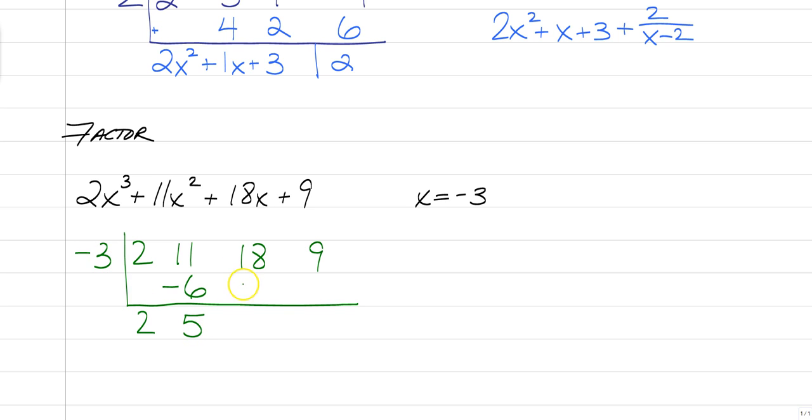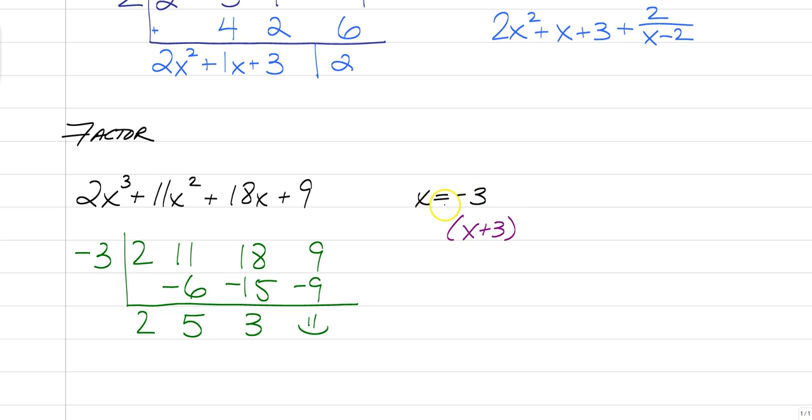Negative 3 times 5 is a negative 15. 18 minus 15 is 3. Negative 3 times 3 is a negative 9. And hooray, we have no remainder. So that means negative 3 is a solution to this. So one of our factors is x plus 3.